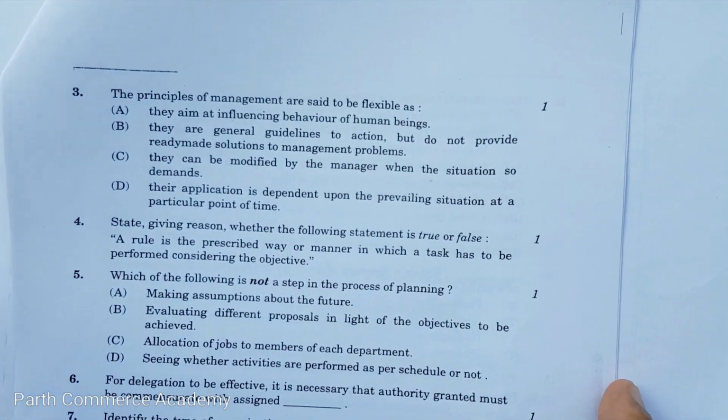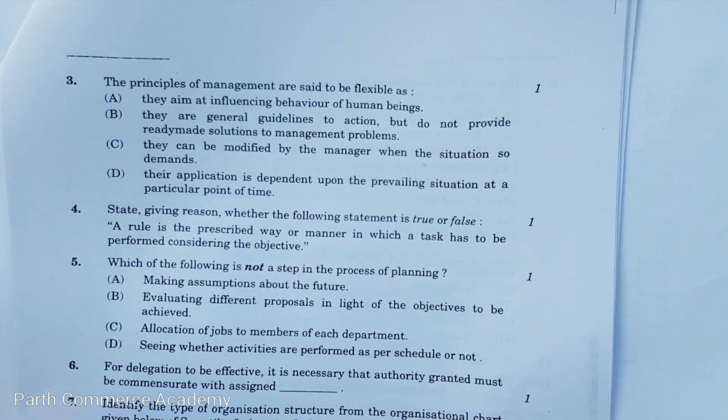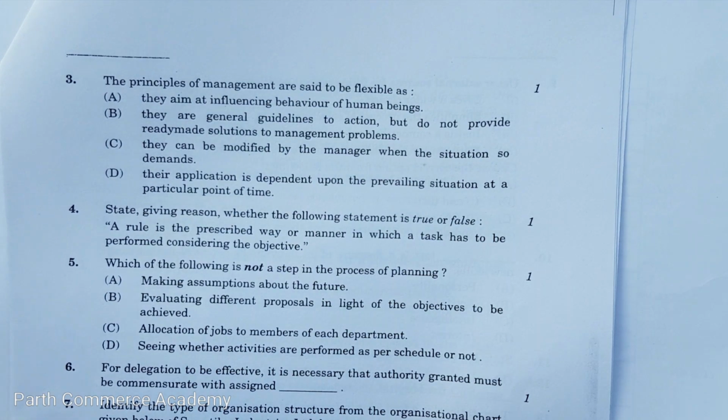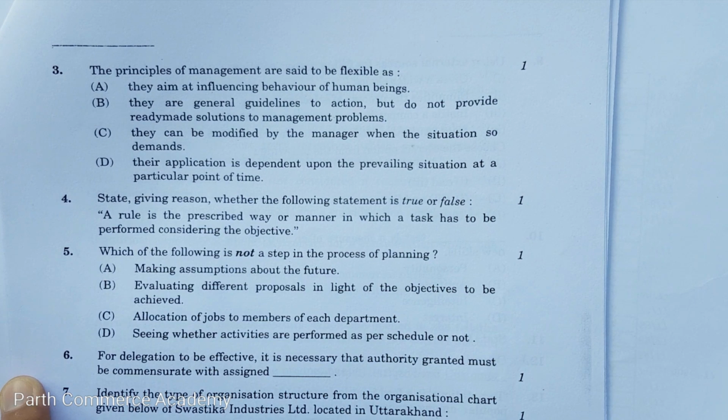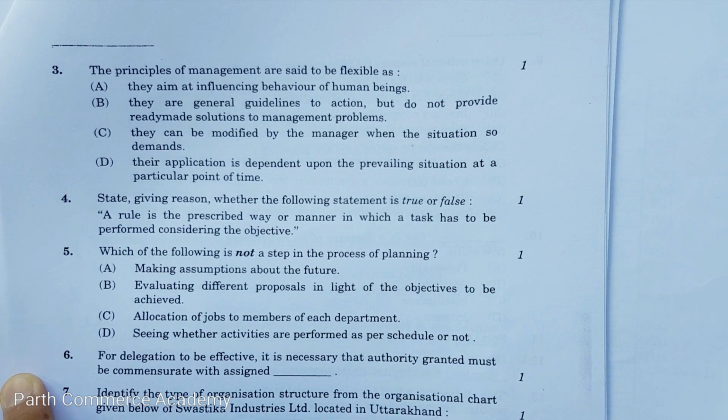Next is like this: the principles of management are said to be flexible as they aim at influencing behavior of human beings; they are generally guidelines to action but do not provide ready-made solutions for management problems; they can be modified by the manager when the situation so demands, and their application is dependent upon the prevailing situation at a particular point of time.